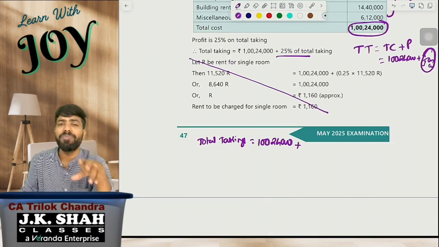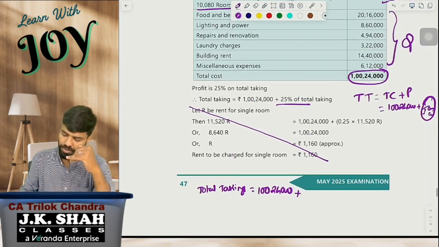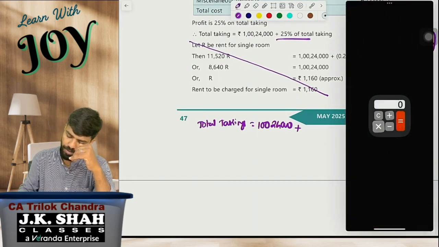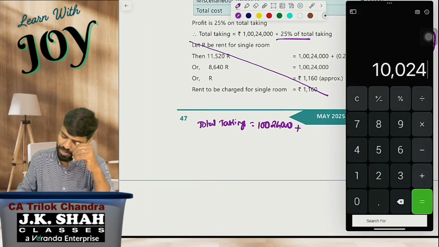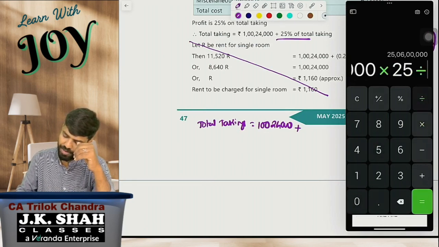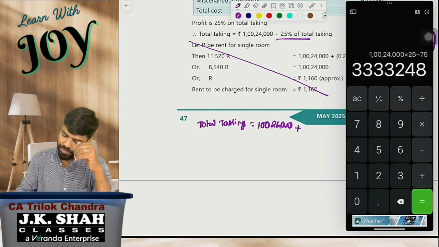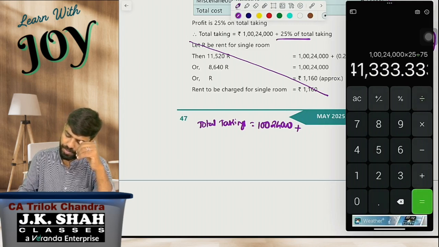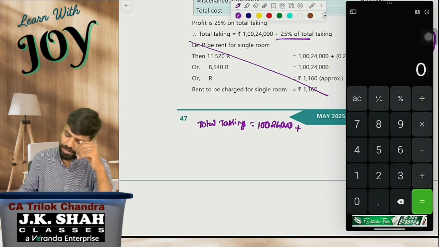That is 25 divided by 100 on total takings, or 25 by 75 on cost. So what I'll do? 1 crore 24,000 into 25 divided by 75 equals to 33 lakh.